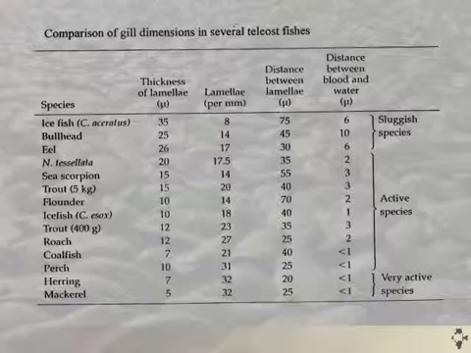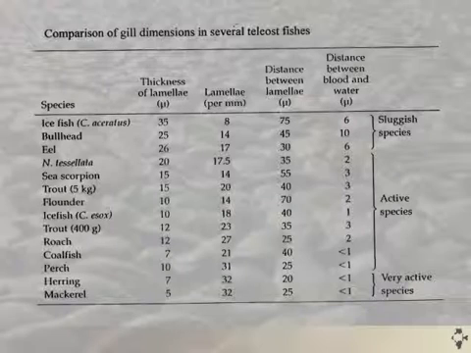Now, this slide is going to illustrate a few pieces of additional morphological information, morphological attributes that can also influence the effectiveness of the respiratory structures in acquiring oxygen and offloading CO2. So you can see a range of different species listed here along the left-hand side, and they're categorized as being sluggish species, active species, or very active species.